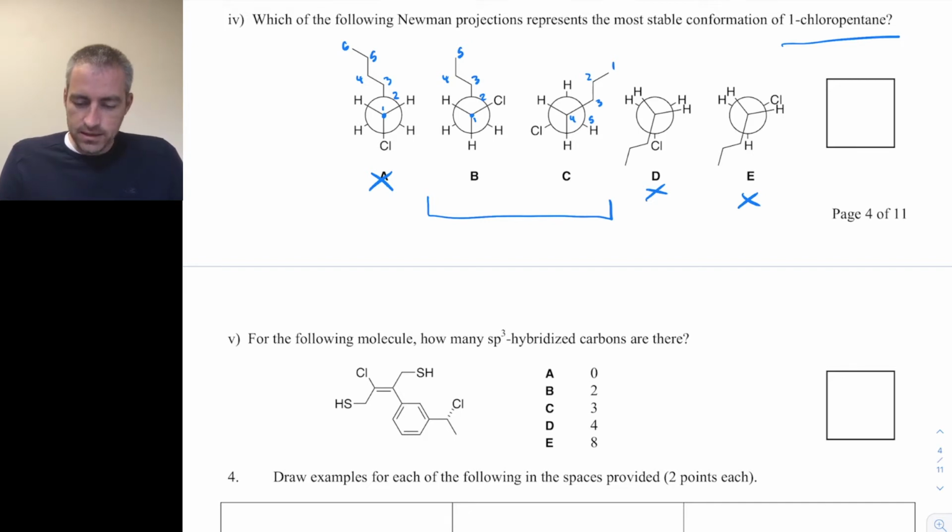This does have the chlorine on one end of the chain, which we would call carbon 1. It has the rest of the chain anti. If you look at the geometry between the chlorine and the rest of the chain, they're anti, which is more stable than the arrangement we have in B, which is gauche. So C is our preferred answer for this one.